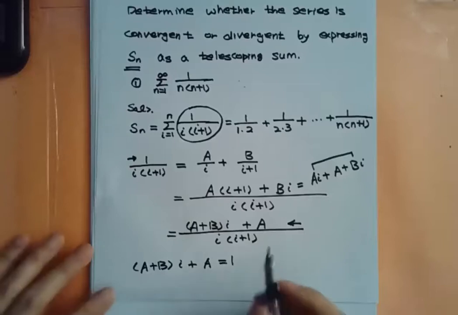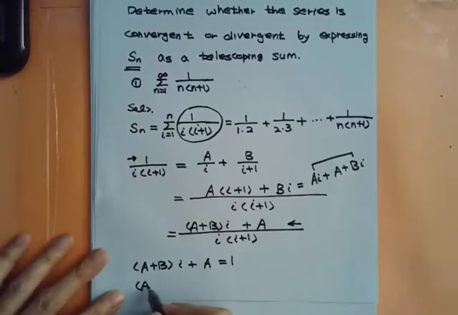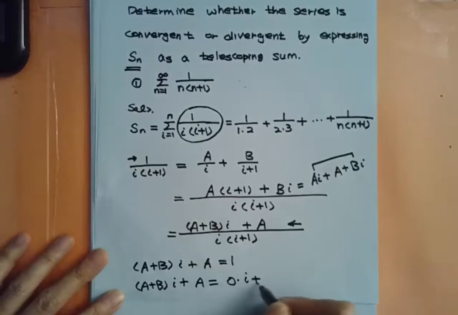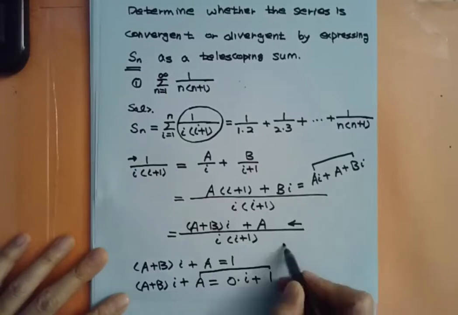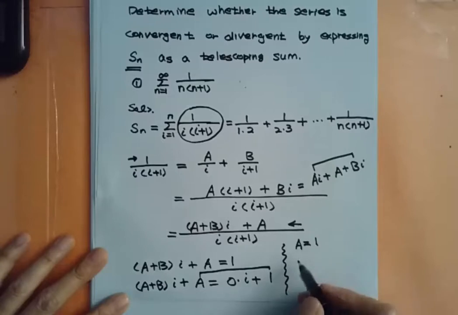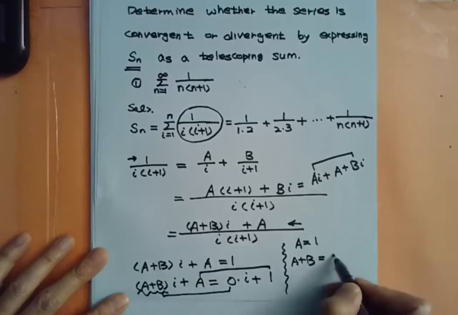Obviously that just means A plus B times i plus A equals 0 times i plus 1. So A equals 1, and A plus B, the coefficient of i, equals 0.